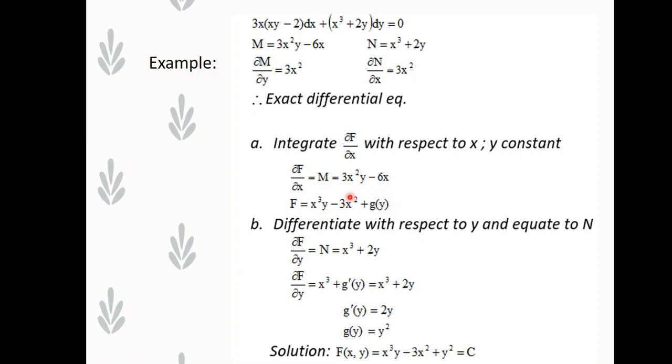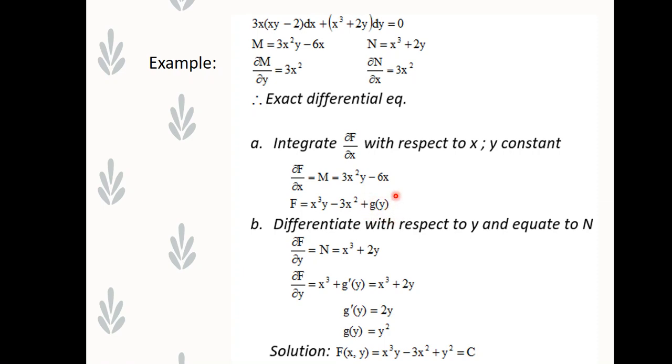You integrated your f here on top with respect to x. So, this is our answer. Okay? X cubed y, that would be for this, and the 6x when integrated will give you a negative 6x squared over 2. So, the 6 will become 3. The c is replaced by the g of y.